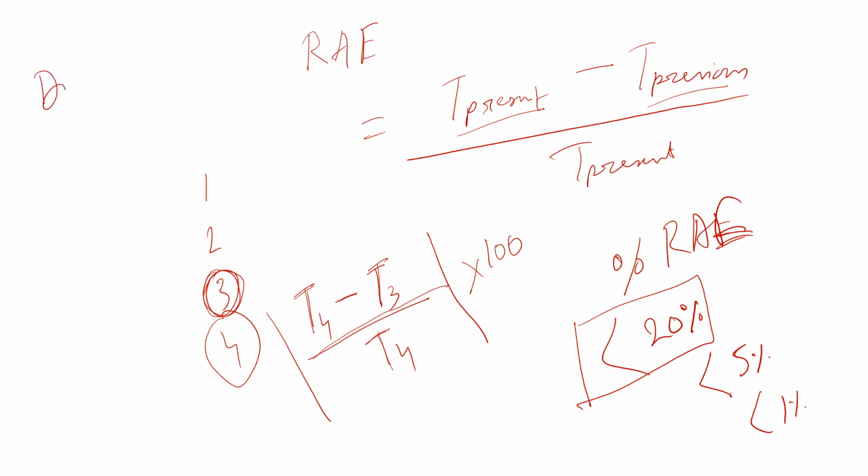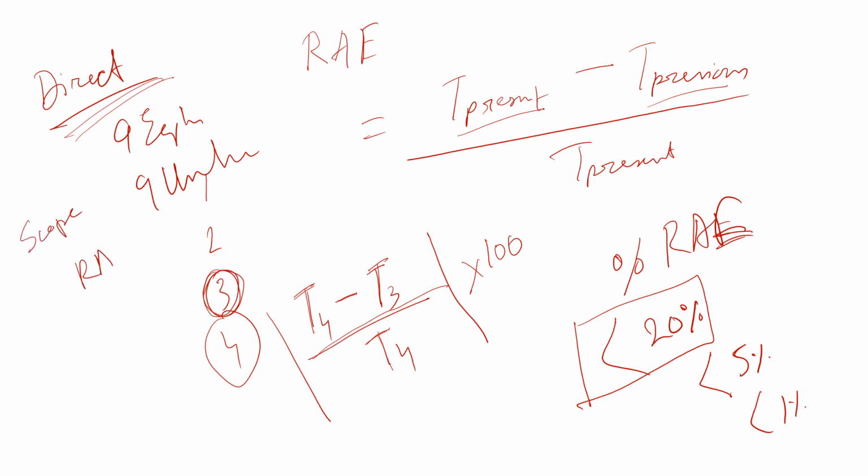So as you can see, in case of the direct method, you have to solve the 9 equations to find the 9 unknowns. Now, the problem with this is that any equation solving method has multiple solutions, and any one solution will be given after the calculation. But in this direct method, you have no scope to analyze the error, this relative absolute error.